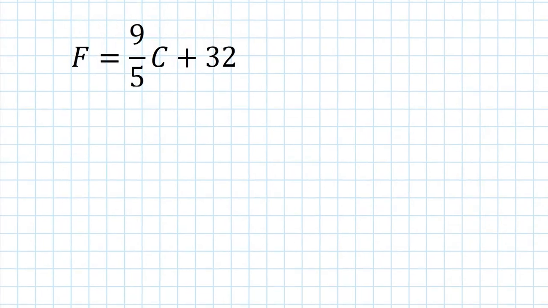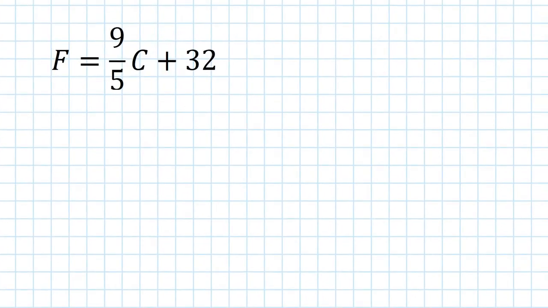F is equal to 9 over 5c plus 32. In this case, c is the subject, in other words, solve for c. Step number 1, you get rid of the 32 first, by doing the opposite.